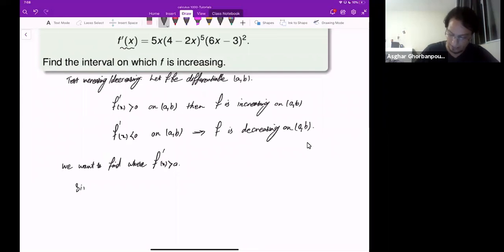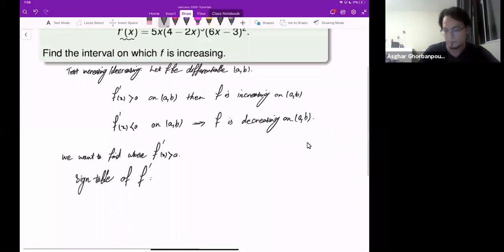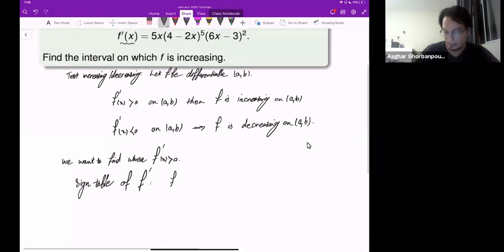So we have to find the sign table of f prime. What we do is we set f prime x equal to 0. So it is 5x times (4 minus 2x) to the power 5 times (6x minus 3) squared equal to 0.